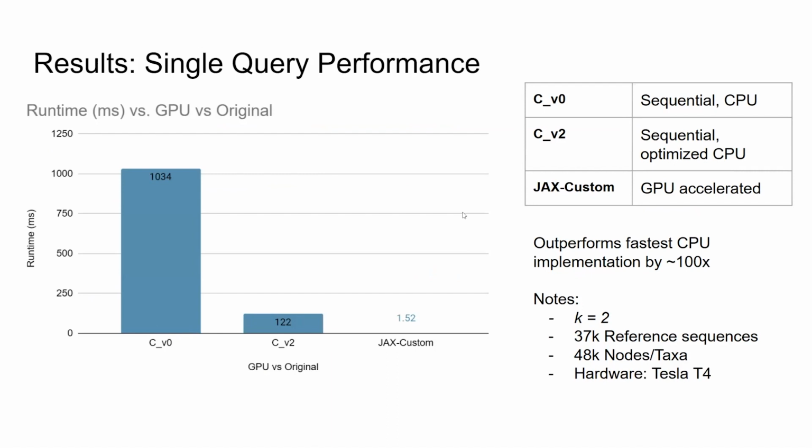C version 0 is a baseline unoptimized version of PROTAX, and C version 2 is the CPU version of PROTAX with a couple of optimizations in place. And as you can see, the JAX implementation of PROTAX achieves single query performance of about 1.5 milliseconds, which is roughly 100 times faster than the CPU version of PROTAX.